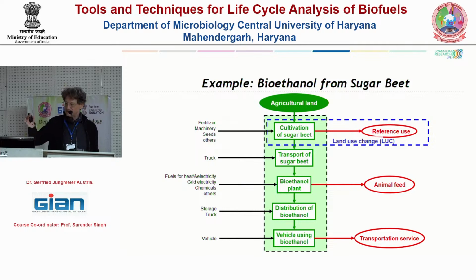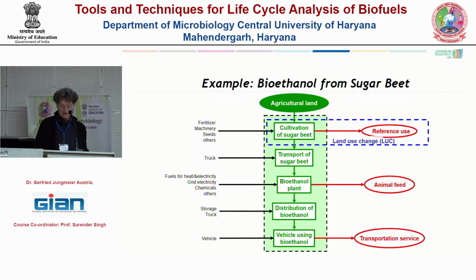And in this BioGrace tool, again you see the key processes starting with agricultural land. So in the tool you find one sheet about cultivation, about transport, the bioethanol plant, the distribution of the bioethanol, and the vehicle if relevant.